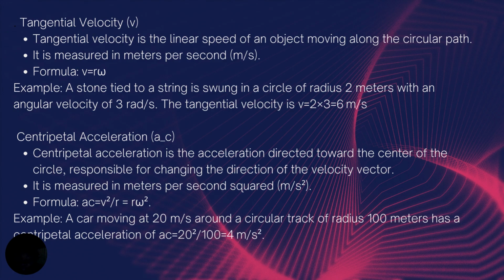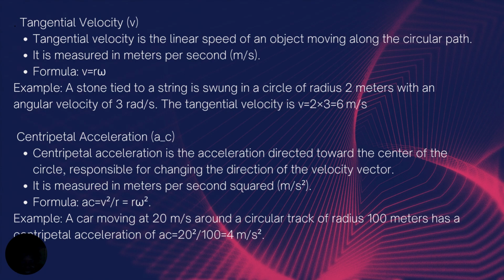And whenever velocity is changing, there will be an acceleration. So for a body undergoing uniform circular motion, the speed is constant, but the velocity is changing. Because velocity is changing, there is an acceleration, and that acceleration is called a centripetal acceleration.